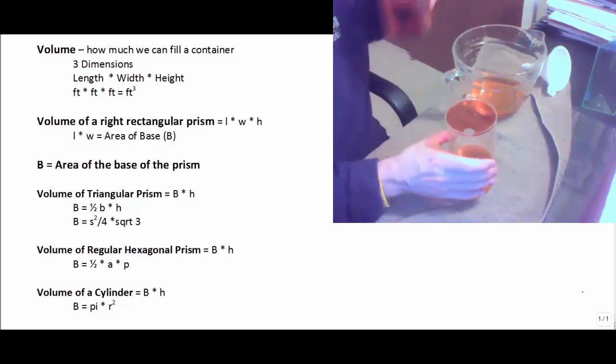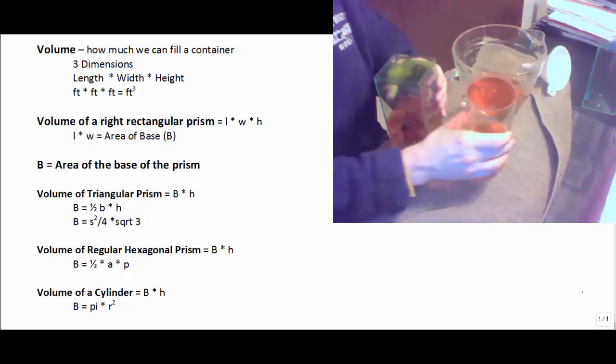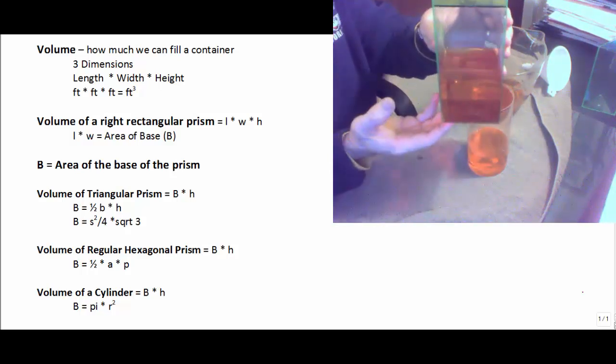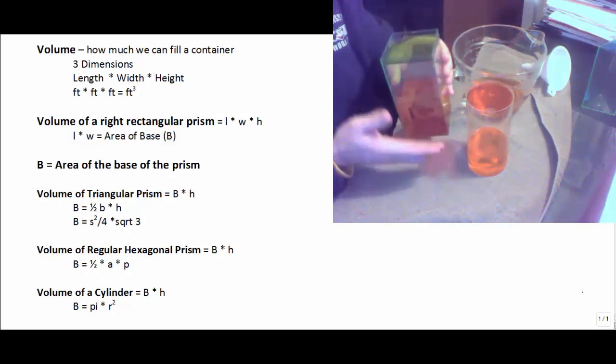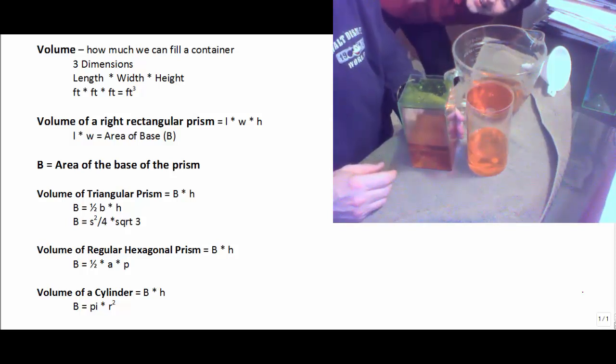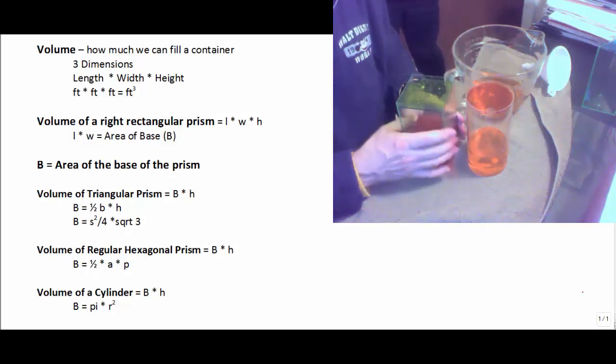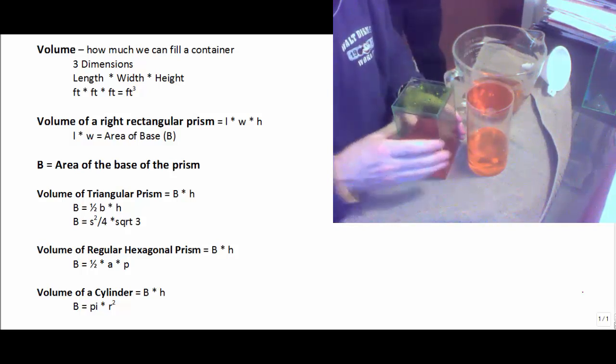So volume, whether it's round like a cylinder or square like a prism, it's still the area of the base times the height. So you better know your area formulas to help you find the volume.